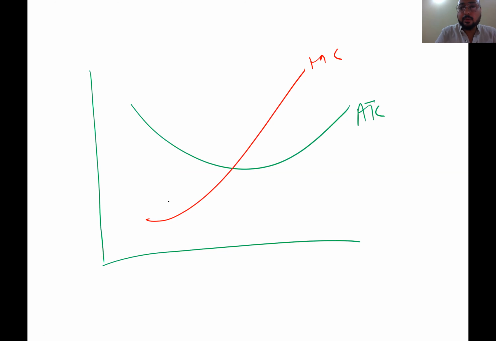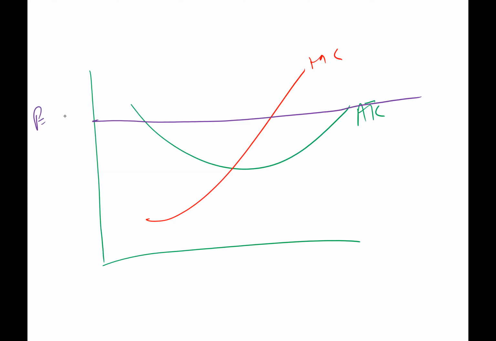We don't need the average variable cost right now, so I'm just drawing the price line here. So price is equal to average revenue, equal to marginal revenue. So where do we need to produce? Where MC is equal to MR. This point, MC is equal to MR.